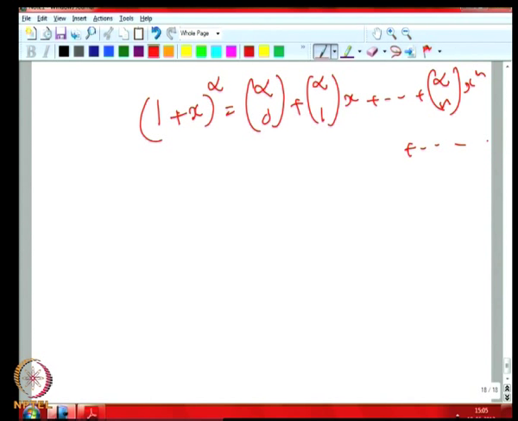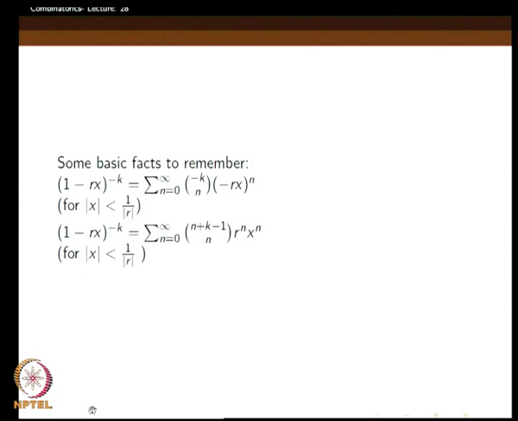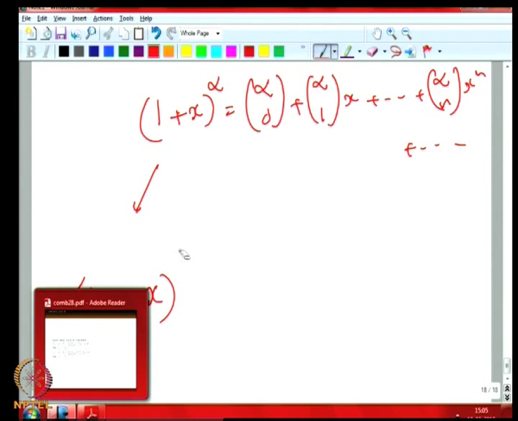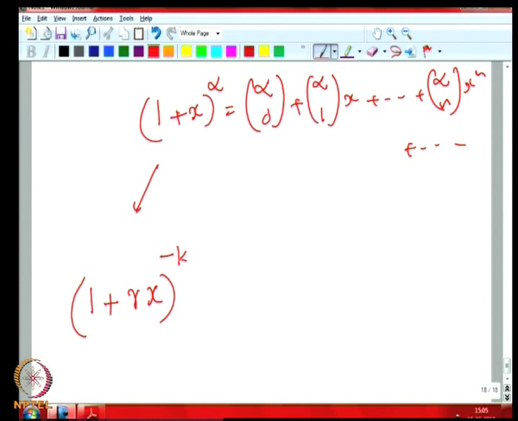So, we can always derive all these things, but some of these forms will occur more frequently. Therefore, we just have a look at them. Sorry, 1 plus r x to the power minus k, let us say, what will happen?